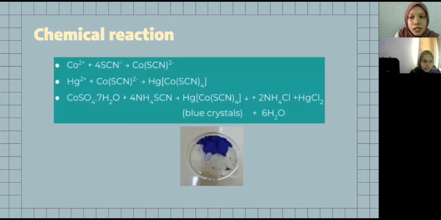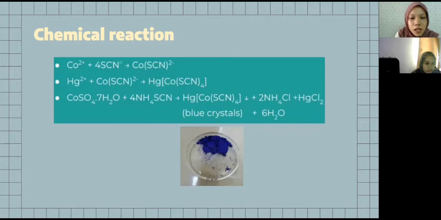So the chemical reaction for this complex is cobalt(II) plus 4 moles of thiocyanate to form cobalt thiocyanate. And then mercury(II) plus the cobalt thiocyanate to form mercury cobalt thiocyanate.